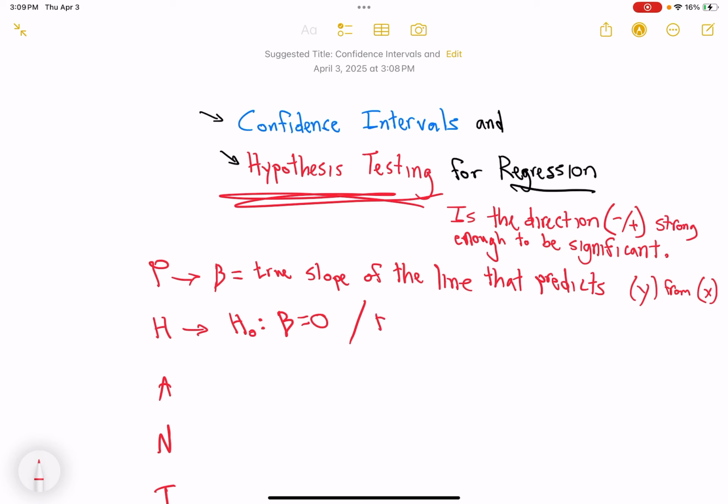On the other hand, our alternate is going to be that same beta is either greater than, less than, or not equal to 0. So we're either arguing that the true slope is greater than 0, which would be for positive, less than 0, which would be for negative, or simply not equal to, different than 0, meaning it has some kind of linearity, which is useful.